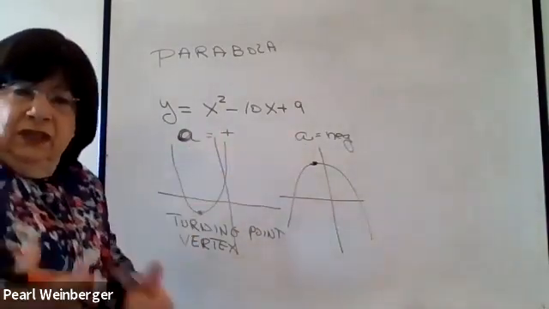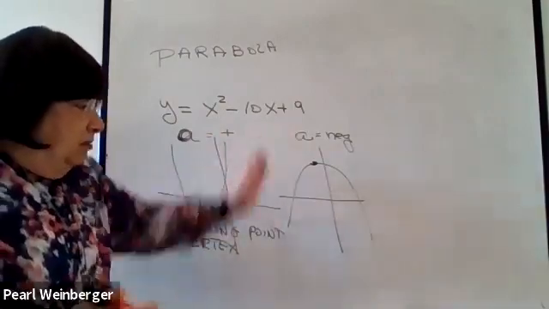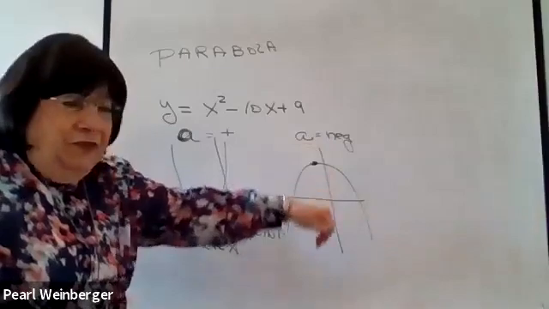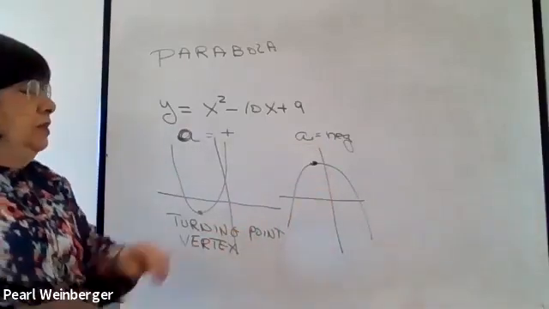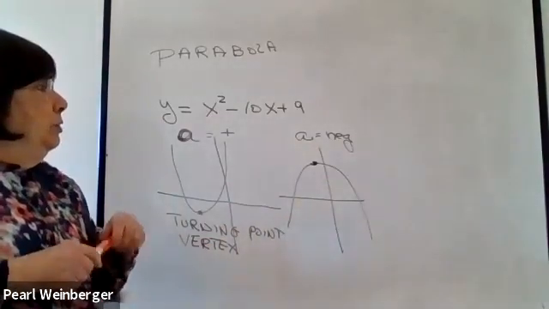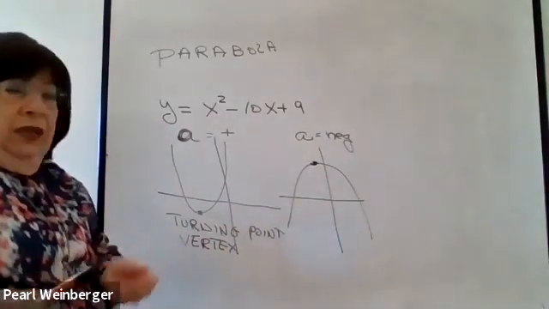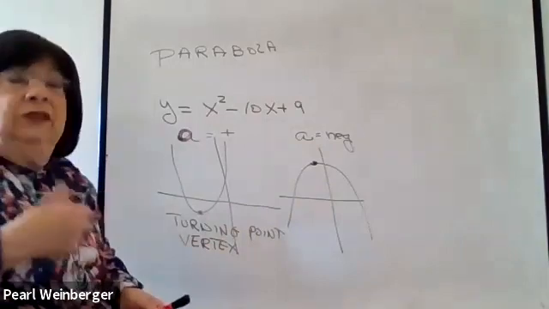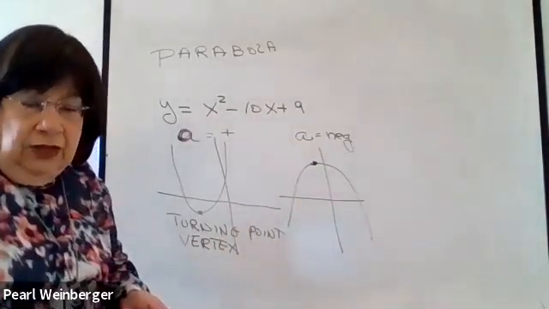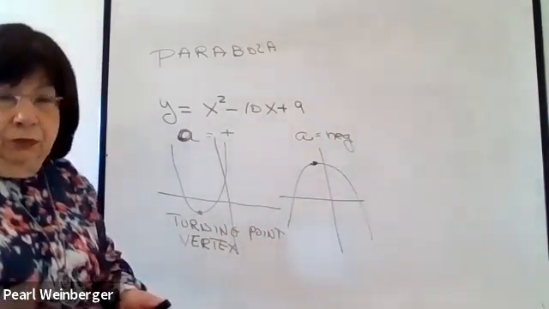Negative, when somebody's in a negative mood, they're frowning, they're down. So it opens down and it looks like a frown. So those are the two things that I wanted to mention. What we're going to learn specifically next time is how to find the vertex and how to find the intercepts and how to sketch this parabola.